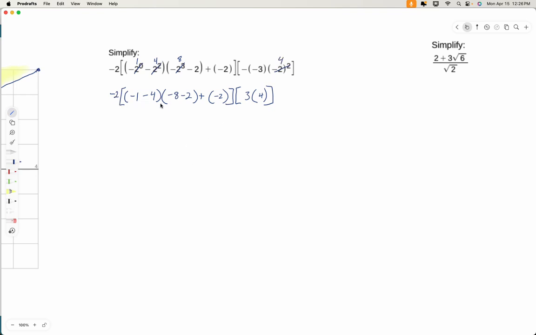All right, so now we're going to solve what's in parentheses first. -1 minus 4, it's a -5. -8 minus 2, that's a -10. Plus -2. 3 times 4 is 12.